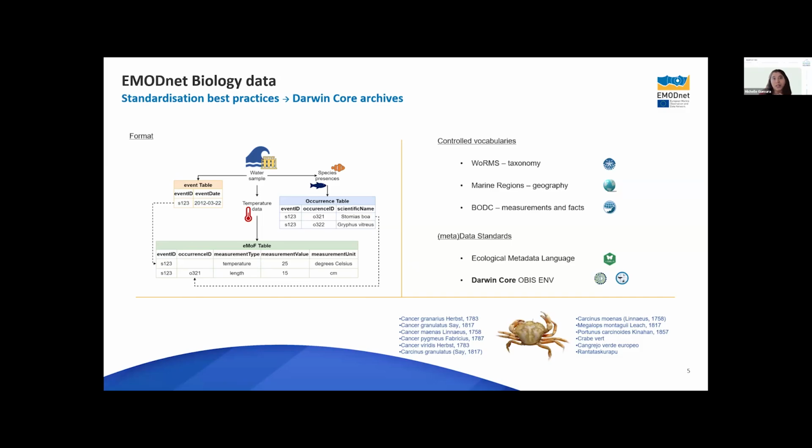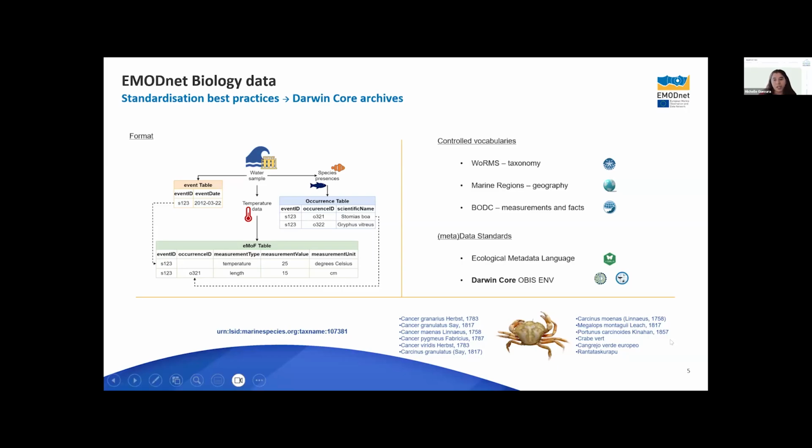So to standardize, we need a controlled vocabulary, and basically this link right here will point to all these names and link all these names to this code. So we can be referring to the same crab with different names.